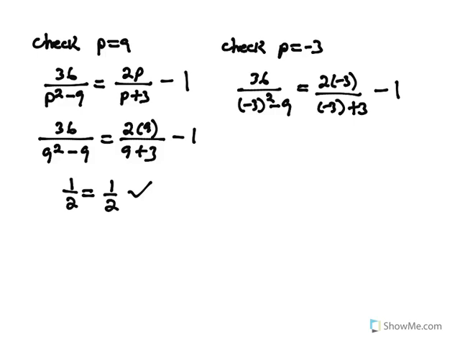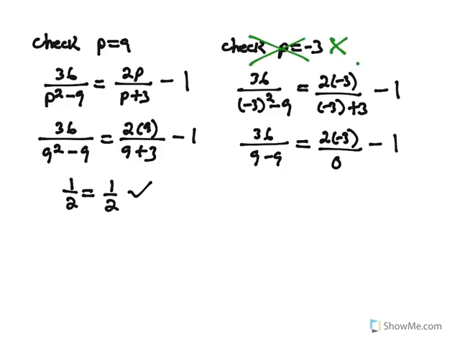What's going to happen is if you do this math here, negative 3 squared is 9, and then 9 minus 9, okay, we don't even have to simplify anything else because negative 3 plus 3 is 0, okay. The minute you have 0 in the denominator, if you're trying to divide by 0, that's going to make this thing undefined. So this is not going to be the solution, okay? We're going to cross that out. Only p equals 9 is the solution. So just keep in mind when you do a problem like this.